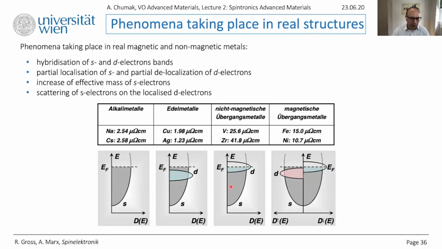We said in one of the lectures that s electrons have a higher effective mass than d electrons. And finally, there is scattering of s electrons on the localized d electrons. So the message here is to keep in mind that all the models which we present in this basic course are meant to give you just a general feeling, but if you want to go deeper and deeper, you need to be ready that there are more complex physical phenomena which should be taken into account.